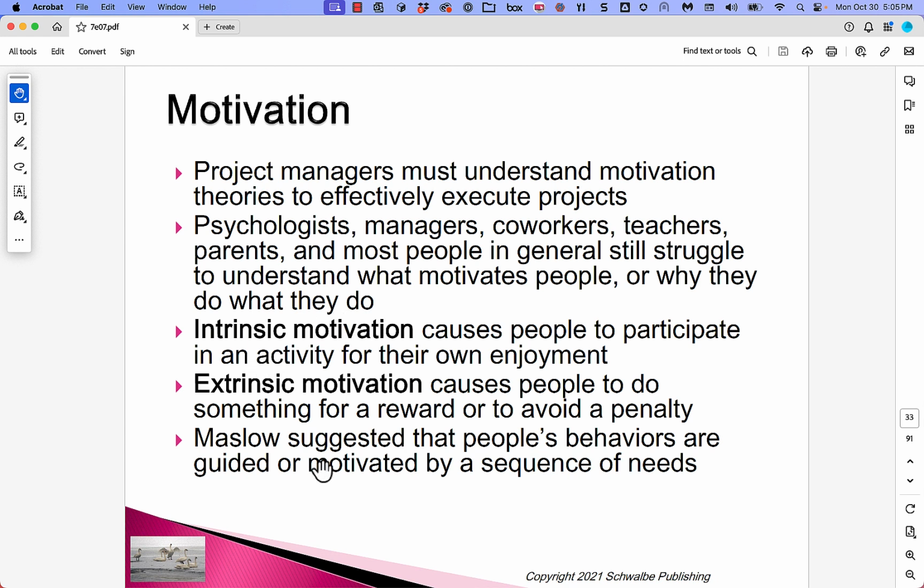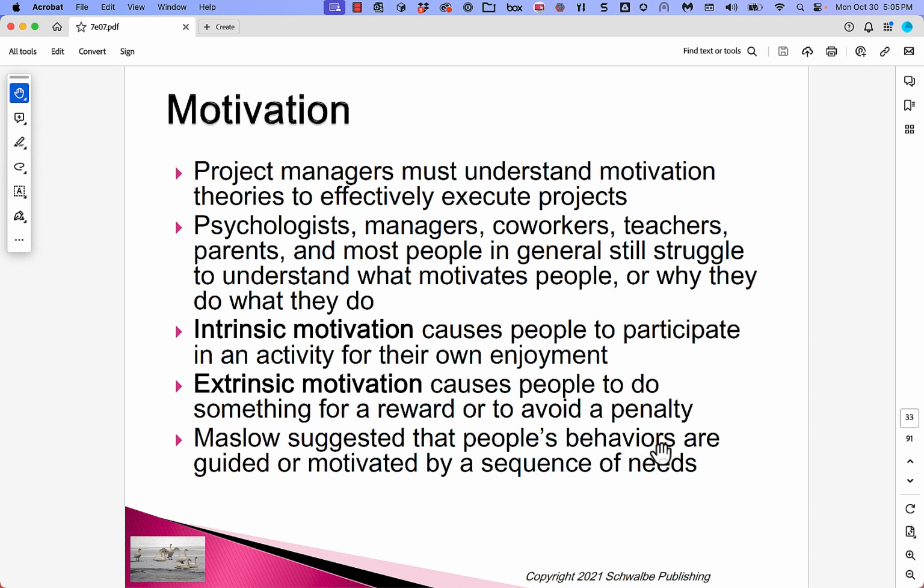So when we look at people's motivation, there's intrinsic and extrinsic. Intrinsic causes people to participate in activity for their own enjoyment. Extrinsic causes people to do something for a reward or to avoid a penalty. Intrinsic can be much more powerful than extrinsic.